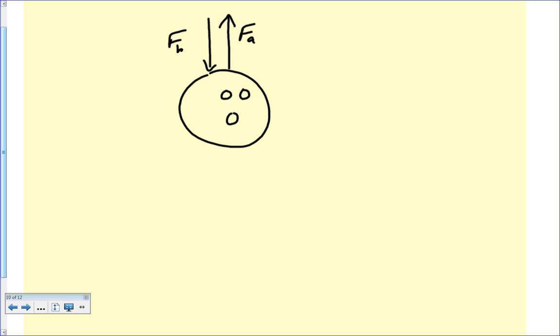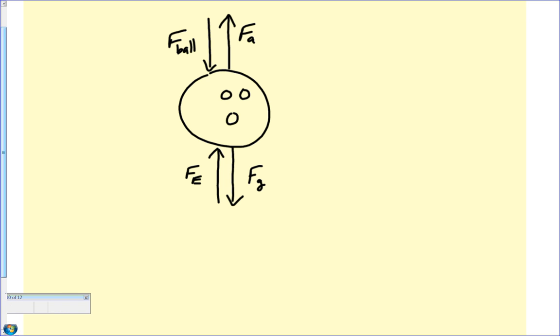The force of the ball. Okay? And gravity is pulling downward on the ball. We call that Fg, the force due to gravity. Interestingly enough, the ball is also pulling upward on the earth with the same amount of force. Force on the earth, we'll call that Fe.